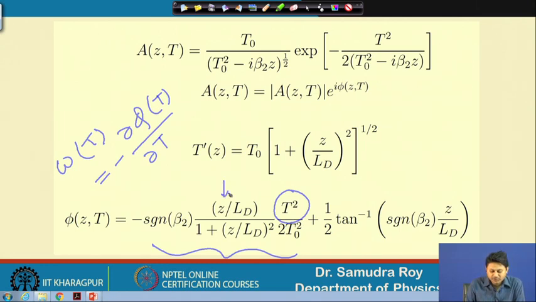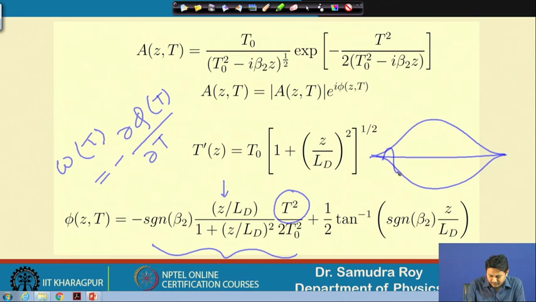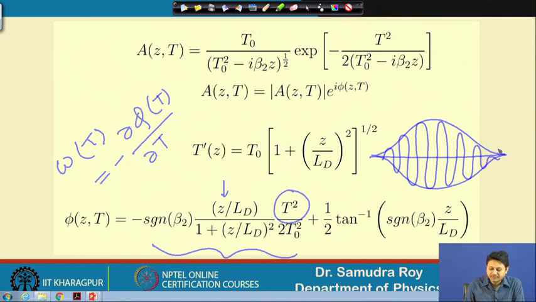And what is the meaning of chirp? That means the frequency distribution is not uniform. So, if this is my wave, this is the envelope and this is the wave, this is the distribution of the frequency inside the wave. This is a wave packet, as we mentioned last day. So, this is some sort of uniform frequency distribution, at omega 0 inside the wave packet.